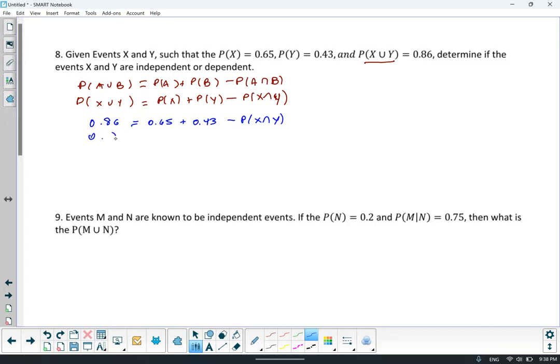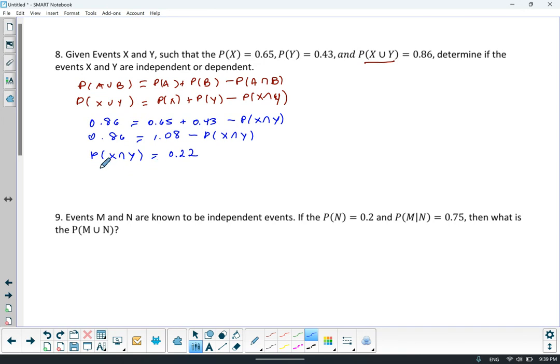So that's 0.86 is equal to 1.08 minus probability x and y, and when I solve for probability x and y, I get 0.22. Well, how does that help me?